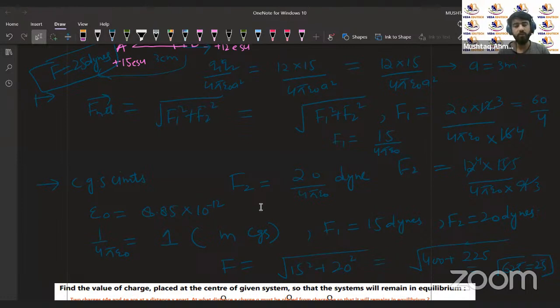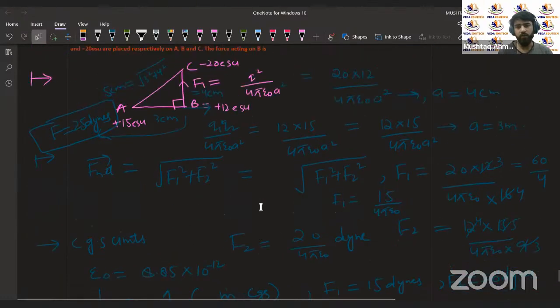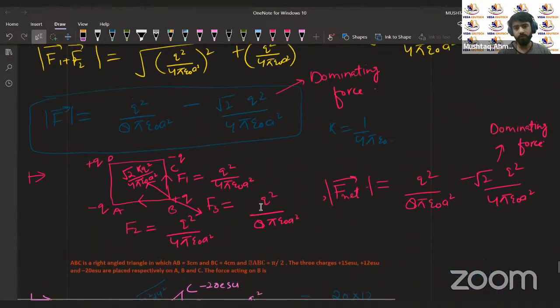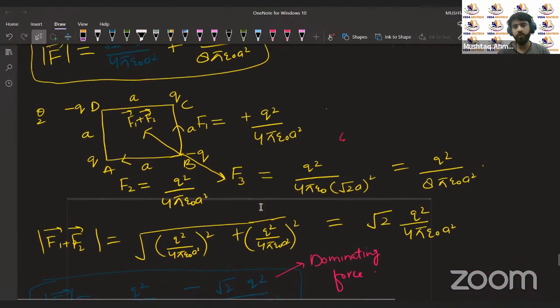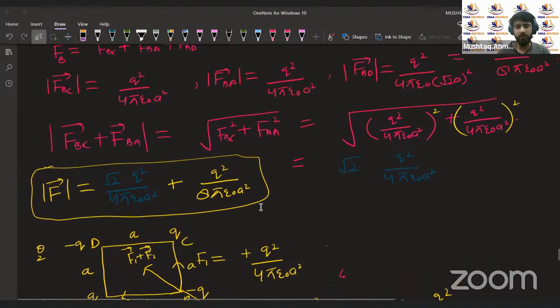And number two, the net force acting on a given charge is the vector sum of all the individual forces acting on it. That is, we find the force acting on a given charge because of all the other charges, and then calculate the vector sum of all the forces. That will give us the total force acting on a given charge as well as the direction of that force. That's how we use the superposition principle to calculate the force acting on different charges.